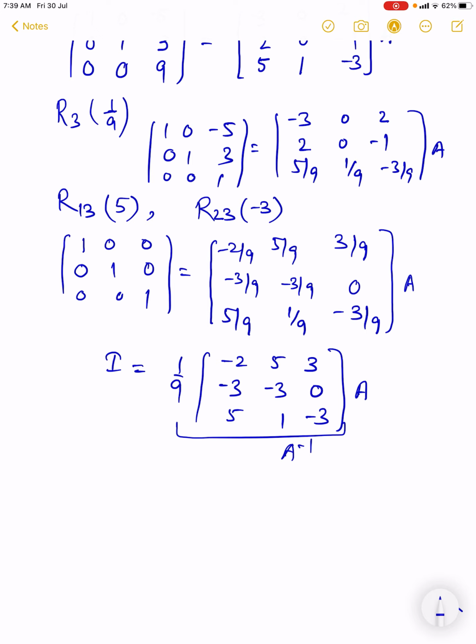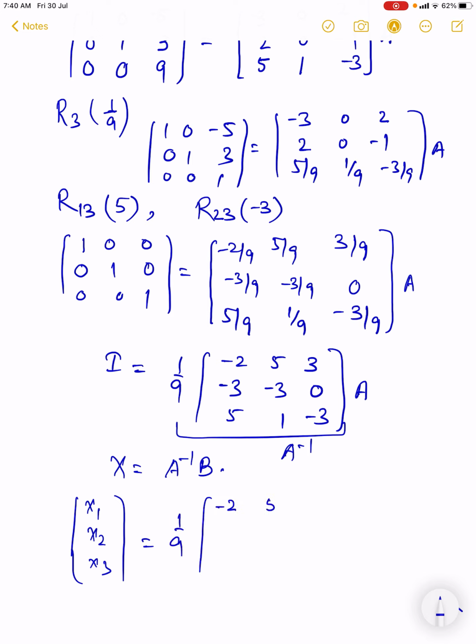The method says x equals A inverse B. x1, x2, x3, and the value of A inverse is 1 by 9, minus 2, 5, 3, minus 3, minus 3, 0, 5, 1, minus 3, and then B.